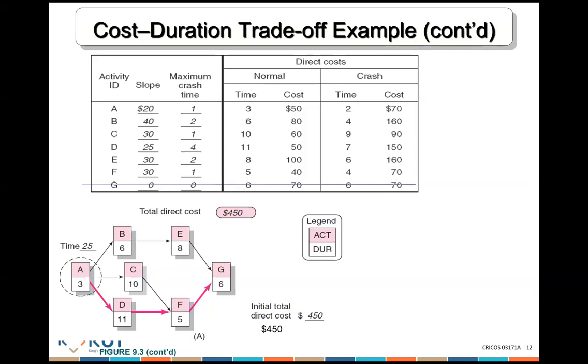ADFG. Now, ADFG, we have activities A, D, F, and G on that path. Could you tell me which one is going to cost me the least to crash? Is A going to cost me less? Is D going to cost me less? Is F going to cost me less? Or is G going to cost me less?